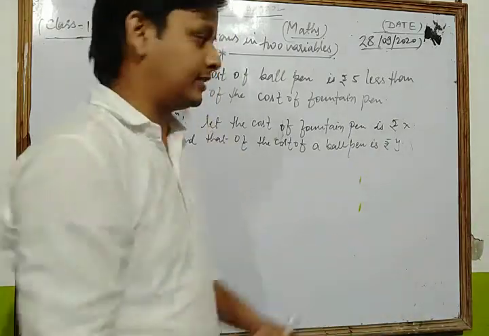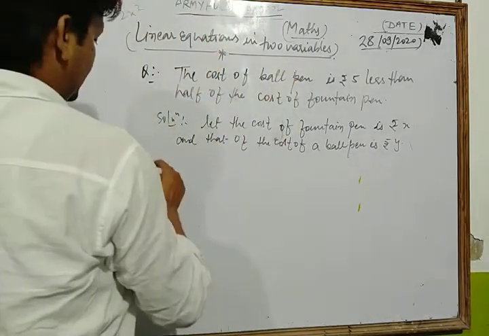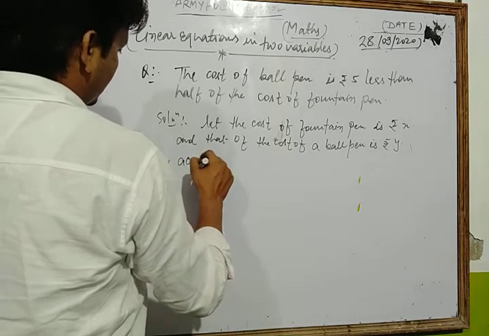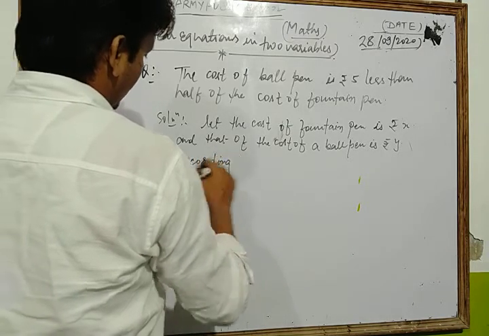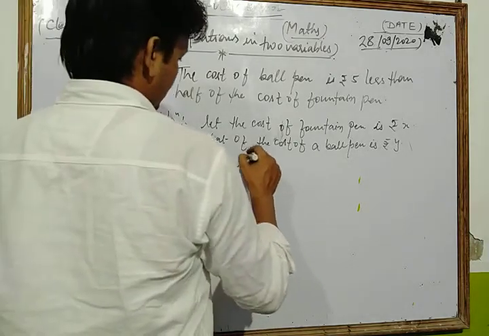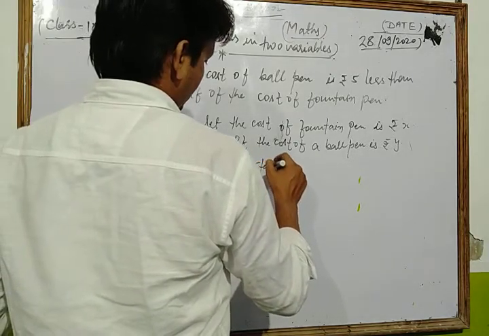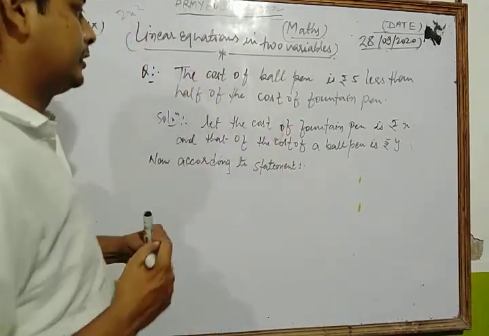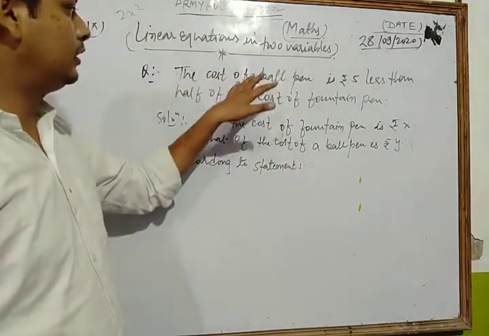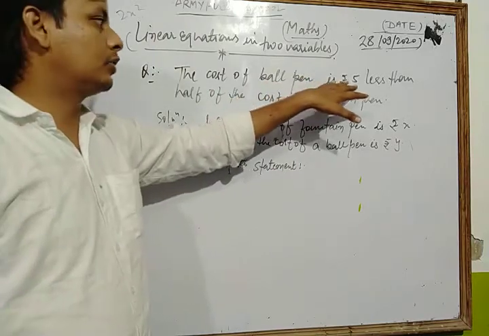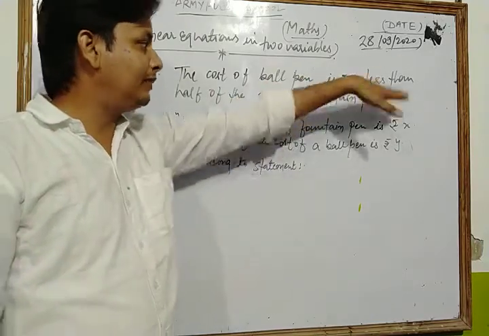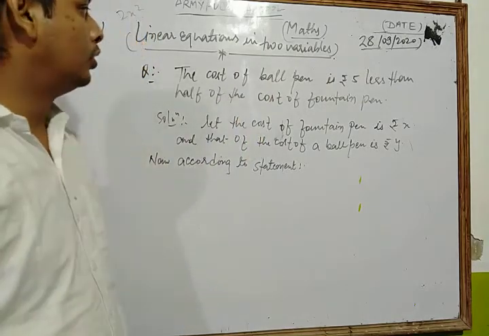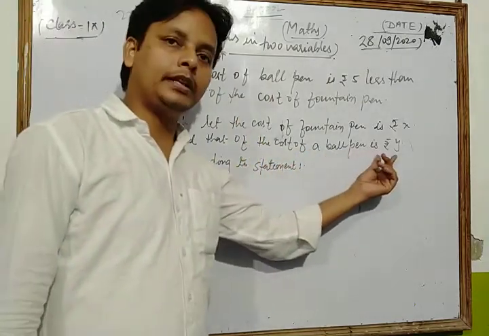Now, according to the question statement, the cost of a ball pen is rupees 5 less than half of the cost of the fountain pen. The cost of a ball pen is y.